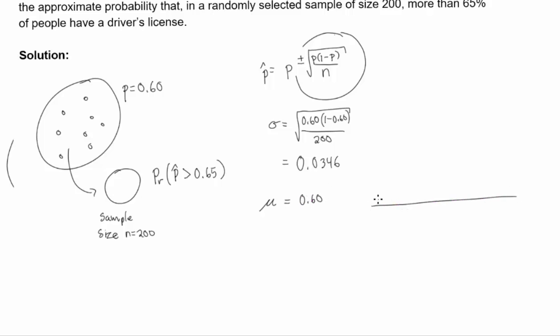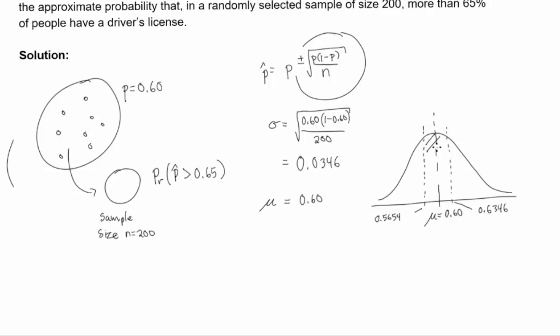So what that looks like on a normal distribution curve is the average sample proportion is 0.60, and one standard deviation away would be 0.6346, and one standard deviation to the left would be 0.5654, accurate to 4 decimal places.